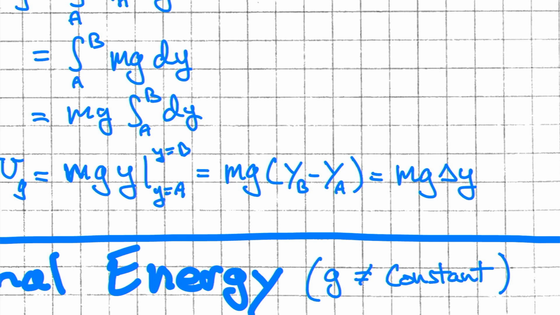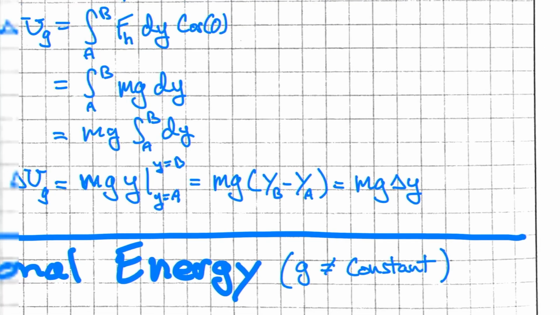And that's the equation that's on the equation sheet. Right? That was delta U g.